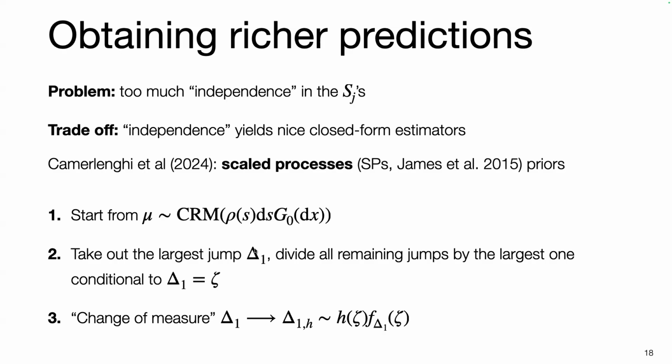And conditionally on delta 1 equal to zeta, you divide all the remaining jumps by the largest one, after which you can perform a change of measure for delta 1 to obtain further flexibility. So this may sound rather obscure, but it is clear that by doing so, scale processes introduce a lot of dependence in the joint distribution of the jumps, which in turn, we will see, leads to richer predictive distributions.